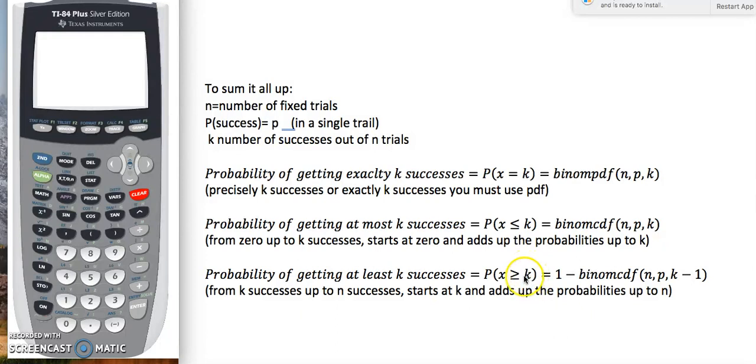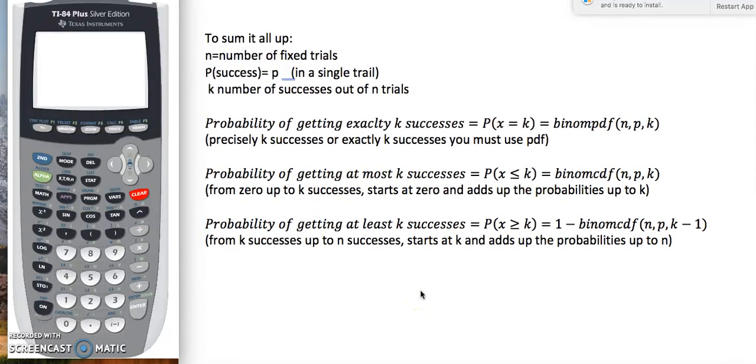So if k was 7, this is k minus 1, so 7 minus 1, this would actually be 6. So this has to be 1 less than whatever this number is. So whenever you say at least k successes, from k successes up to n, it starts at k and adds up the probabilities to n.